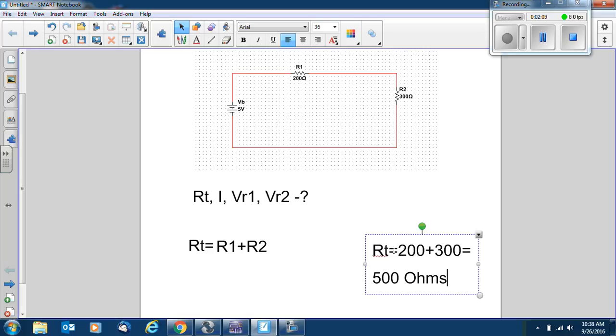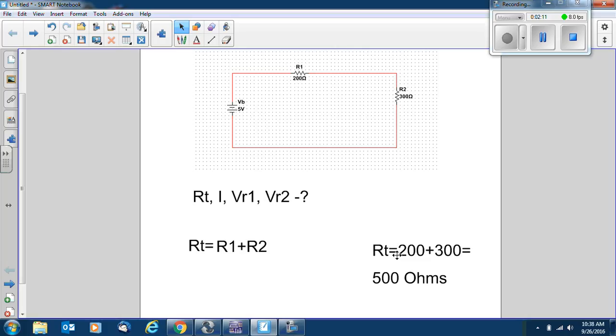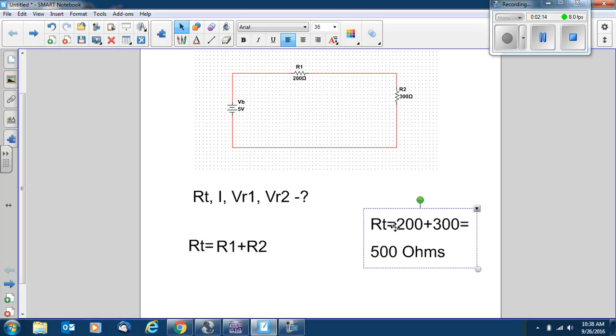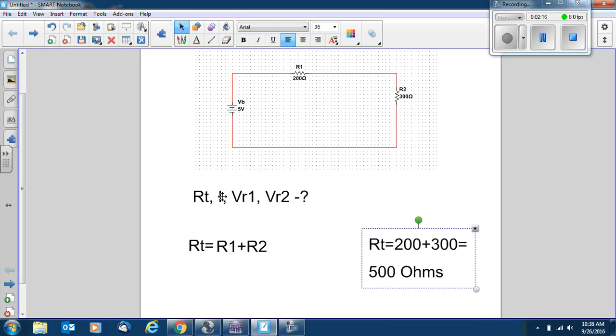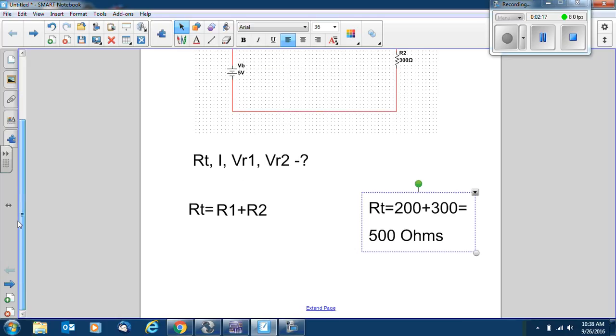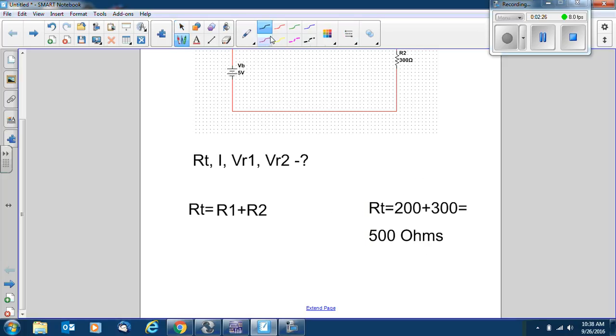Notice that I'm capitalizing ohms if I'm actually spelling out the words, just like I would capitalize amps and volts, because they're all last names of scientists. Okay, well, this is just one of my answers. This is just my resistance. Now I need to find the current.